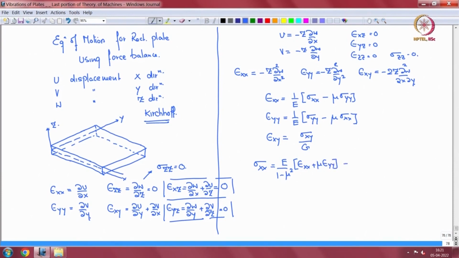okay, and that is equal to E by 1 minus mu squared, into minus z del 2 w by del x square, minus mu z del 2 w by del y square.